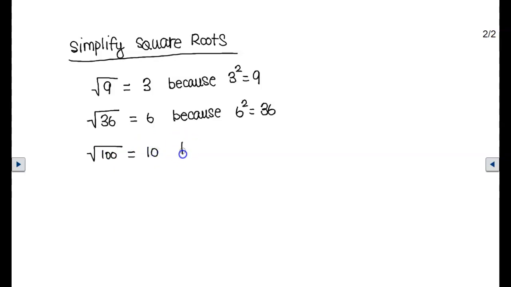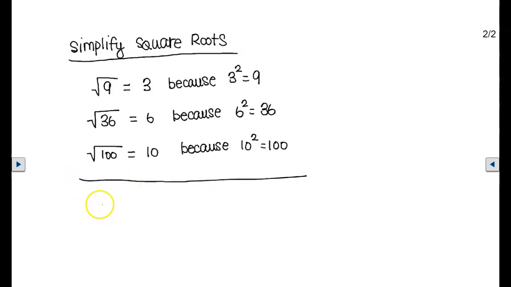You all know that would be 10. So the square root of 100 is 10 because 10 squared is equal to 100. All right, so that kind of gives us a brief rundown of square roots. When you see a square root, it's asking what number times itself will give this result that you want underneath the square root symbol.